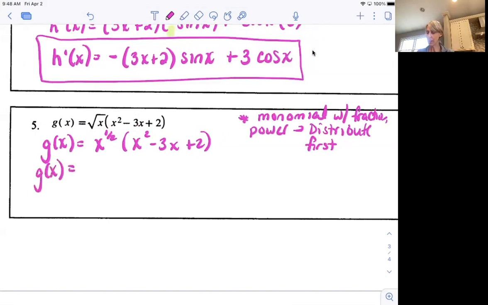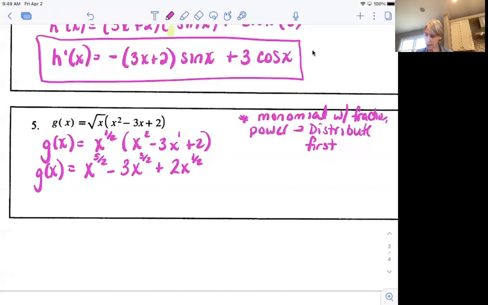x to the 1/2 times x squared. When I multiply like bases, I add their powers. So I get x to the 5/2 minus 3 x to the, so x to the 1/2 times x, multiply like bases, I add the powers, 1/2 plus 1, 3/2 plus 2x to the 1/2.